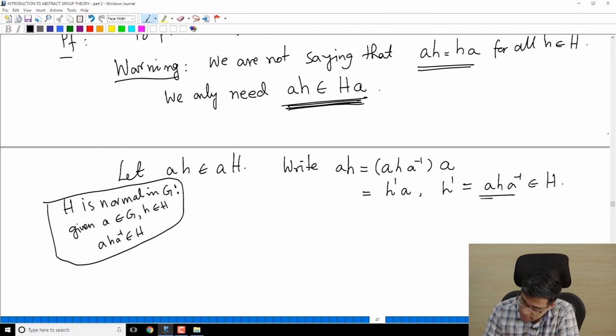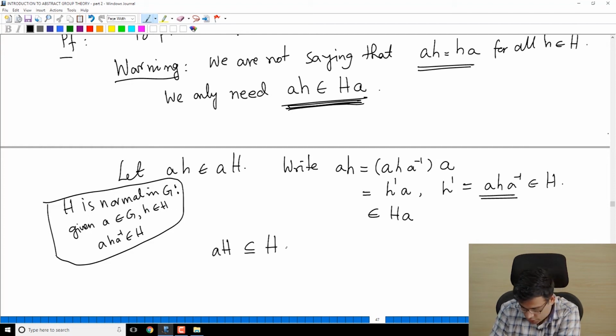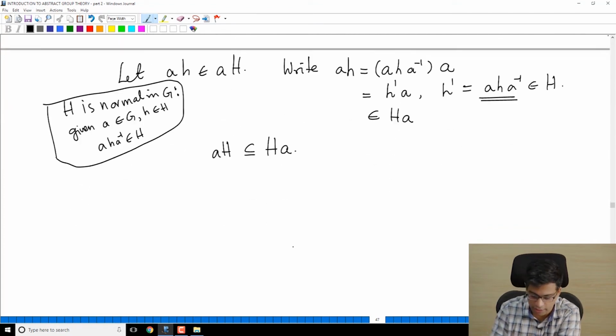So this is in H, I am calling it h prime, this is by definition in H here. So if you take an arbitrary element of the left coset, it is in the right coset. So aH is a subset of Ha and the opposite is identical.